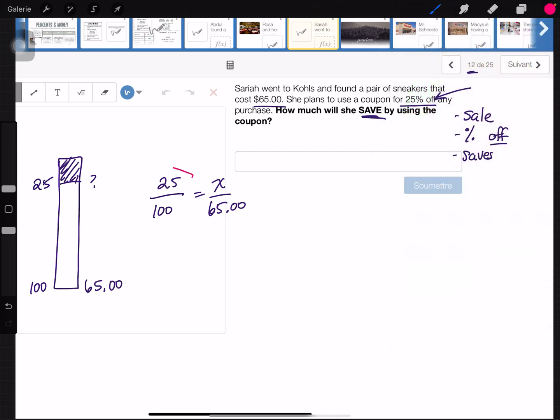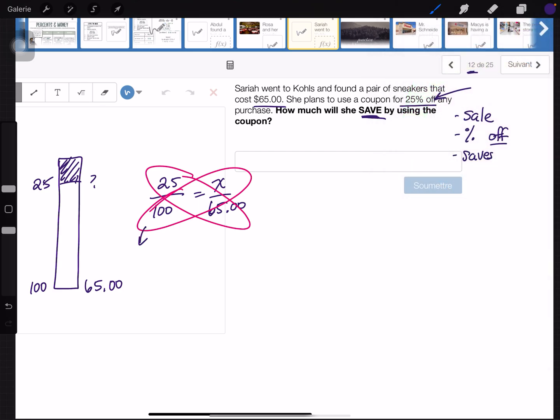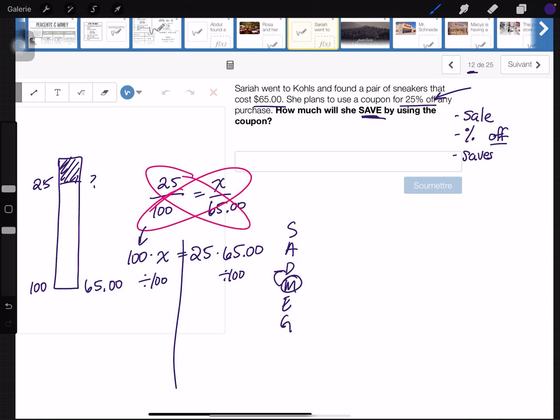And now I can go ahead and cross multiply, my butterfly method. This will give me 100 times x, multiplying those opposite numbers, equals 25 times 65. So now, again, if I need to, I can set up my SADMEG. I want to get x by itself, so I'm going to divide by 100 on both sides.